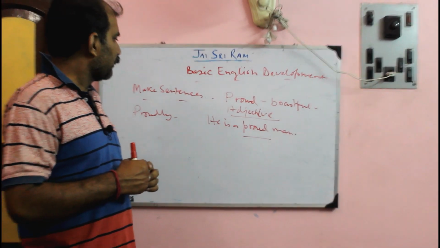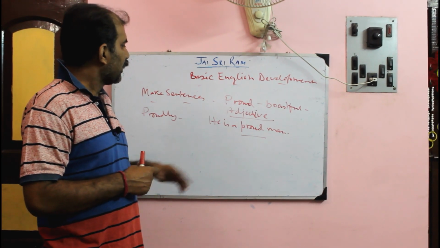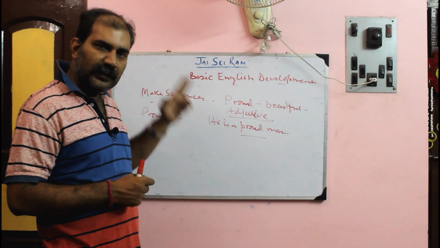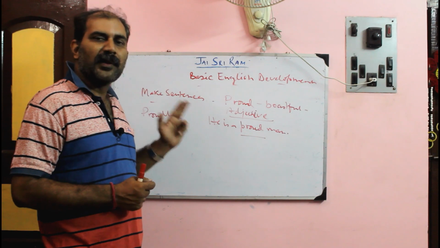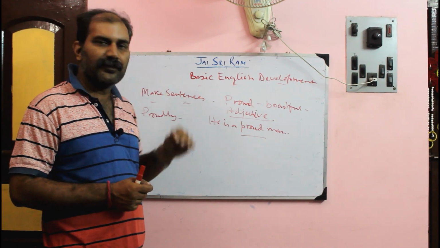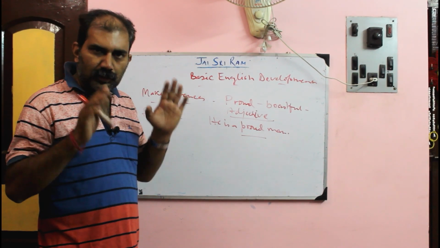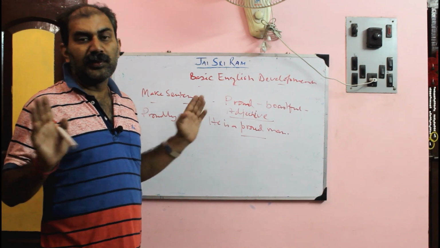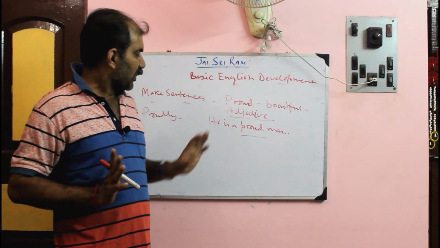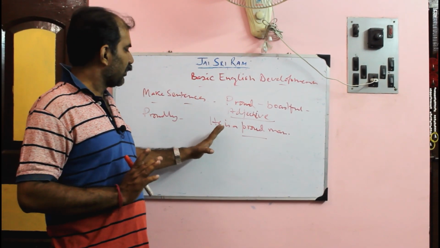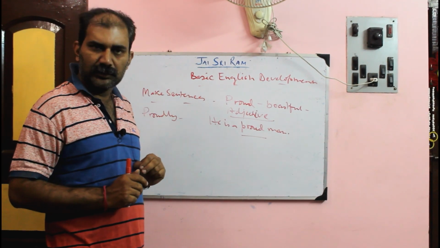Another thing that we have to keep in mind is when you write a sentence, make it a point right from class 4 onwards to make a sentence using a minimum of 10 words. He is a proud man, we are using 5 words.